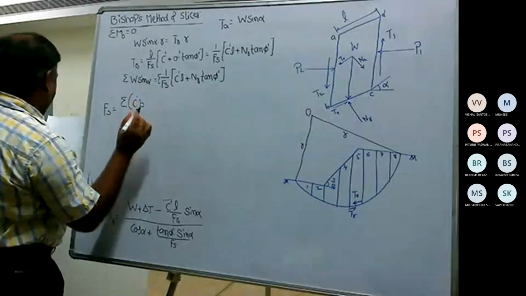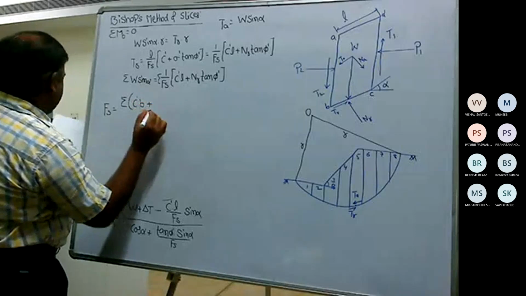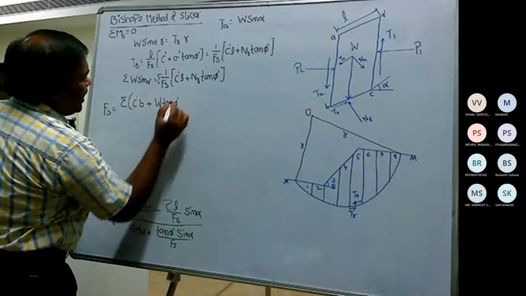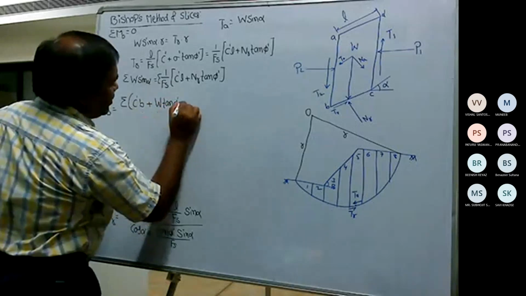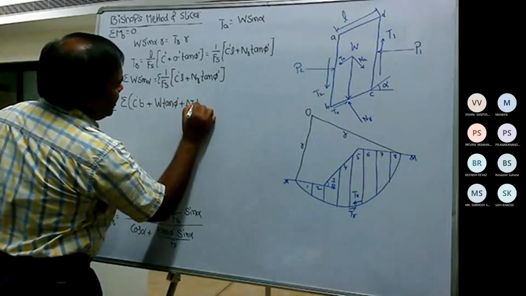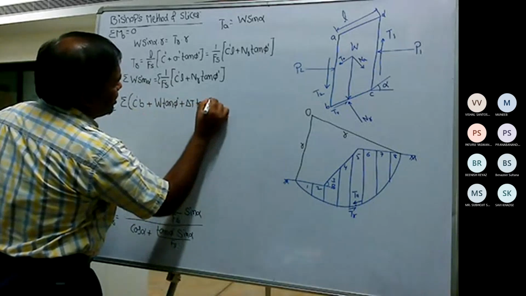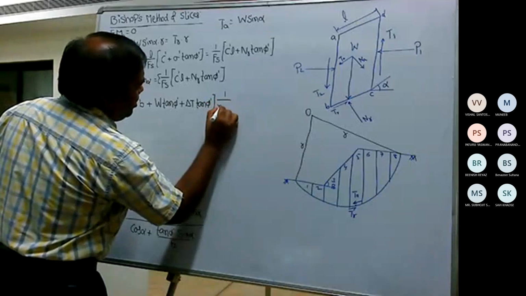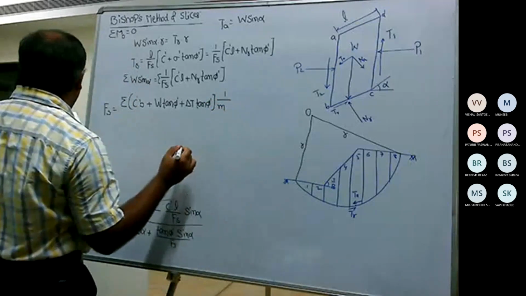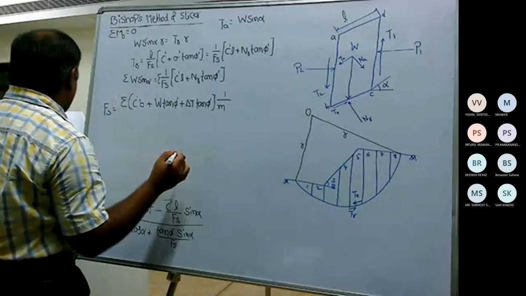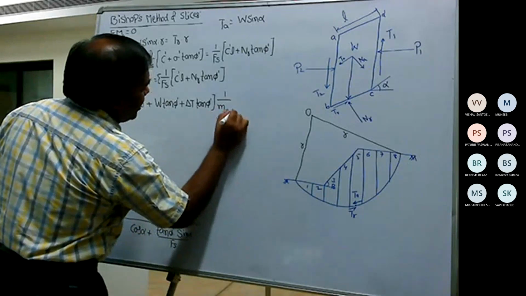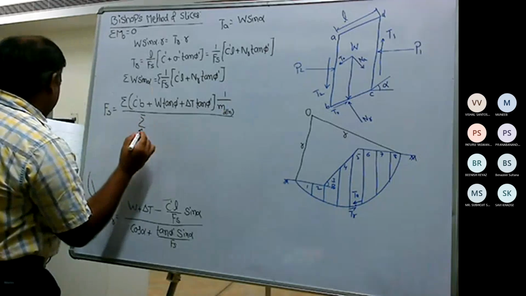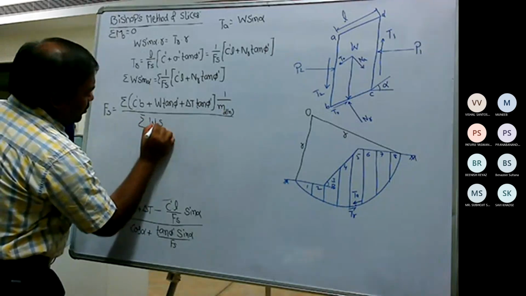So C dash into B plus W tan phi dash plus delta T tan phi dash, multiplied by 1 divided by m alpha n, divided by summation of W sin alpha.